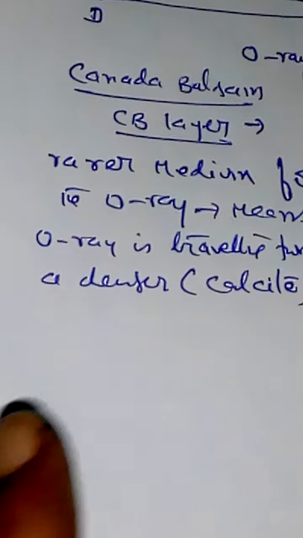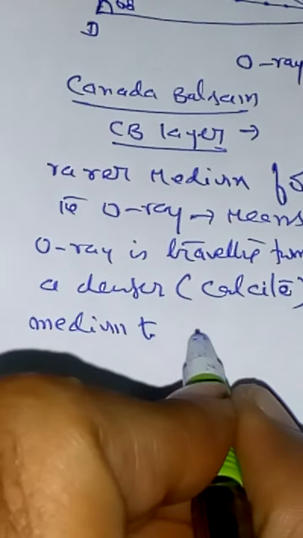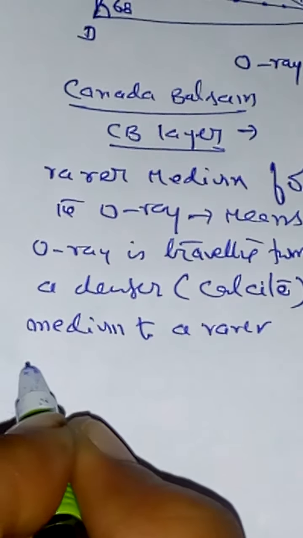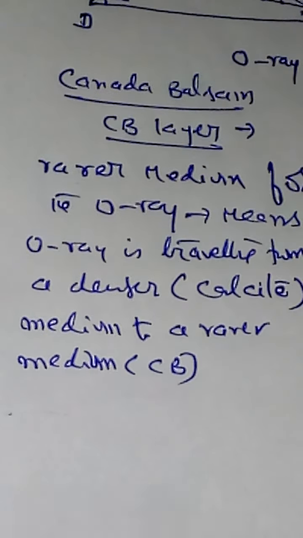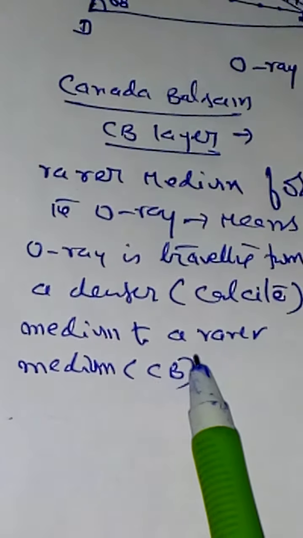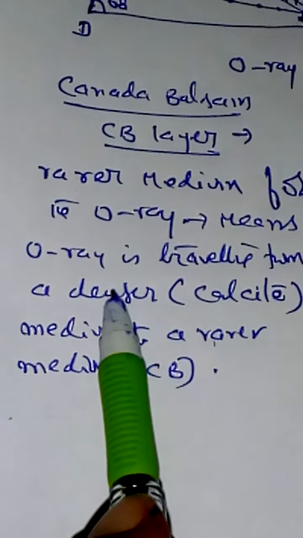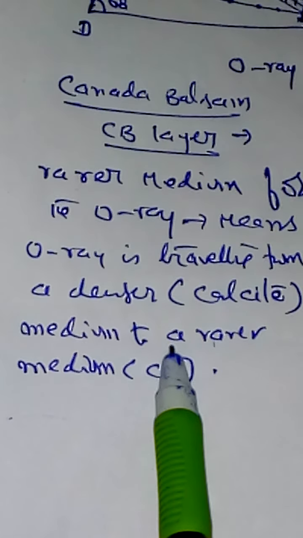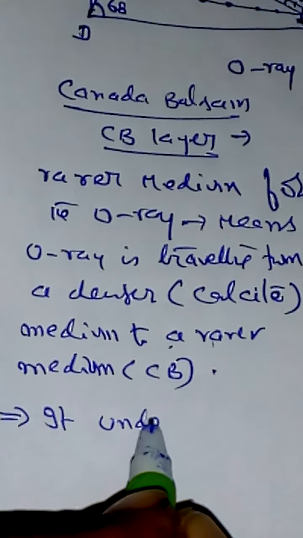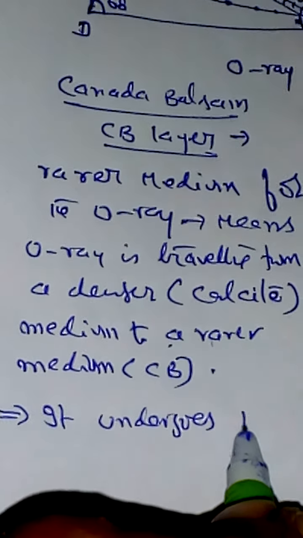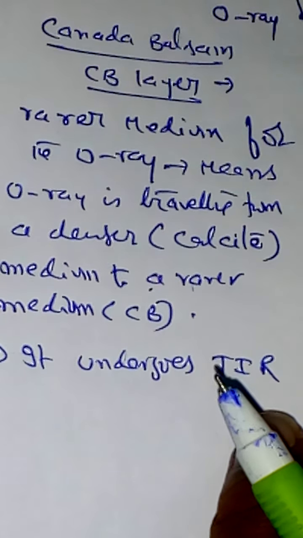From a denser medium to a rarer medium. Here the rarer medium is the Canada balsam layer we have used. So when it enters from a denser medium to a rarer medium, what happens naturally? It implies that this ray undergoes total internal reflection.